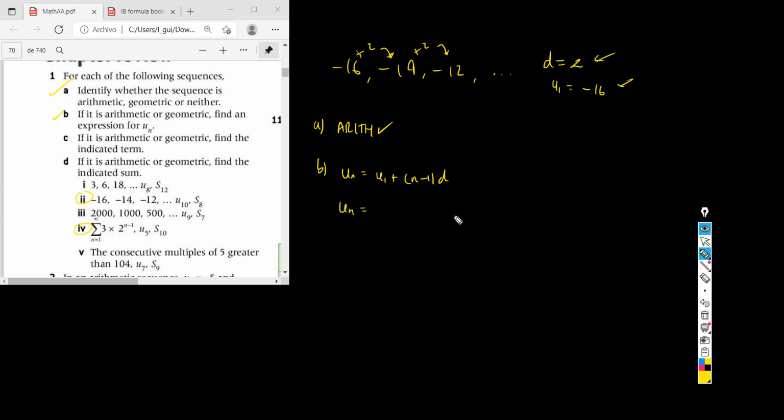Instead of u1, I substitute minus 16. And instead of d in here, I put 2. So there you go. This is the formula, when I have substituted these 2 pieces of information into my general formula. So I have covered B.